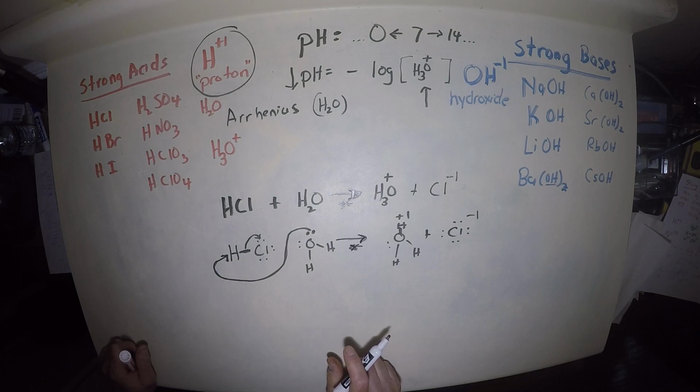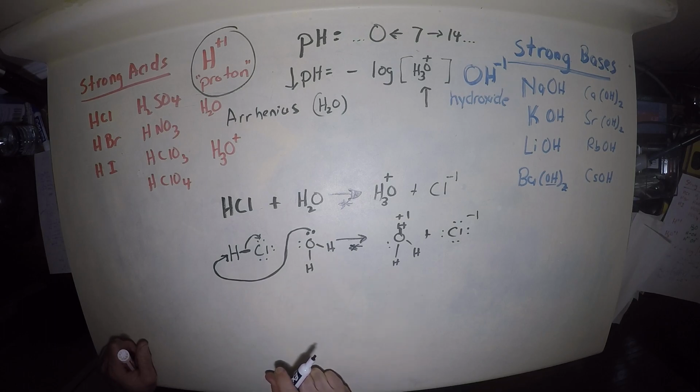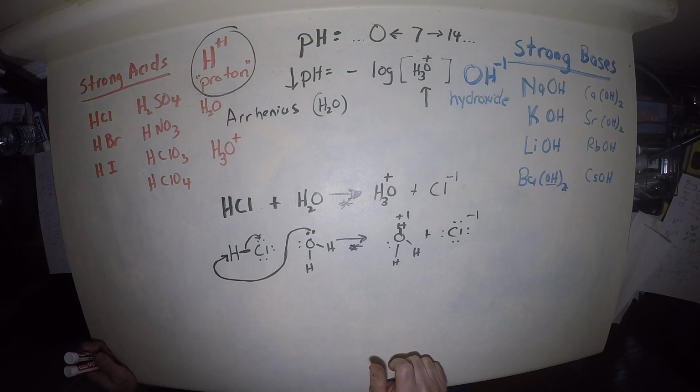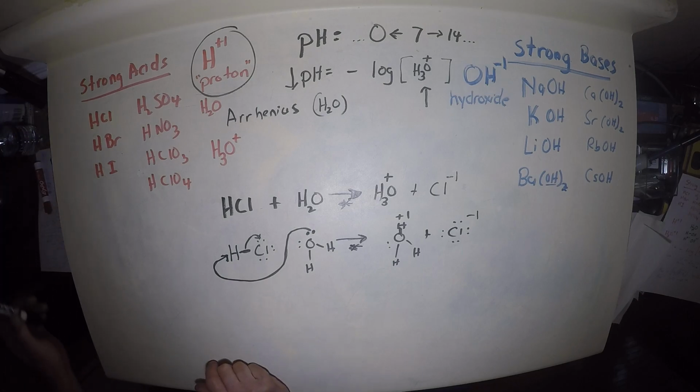Another way to say that is, if it's a strong acid, then the total amount of acid will be converted to hydronium. We're going to explore that momentarily after we cover how bases form hydroxide.